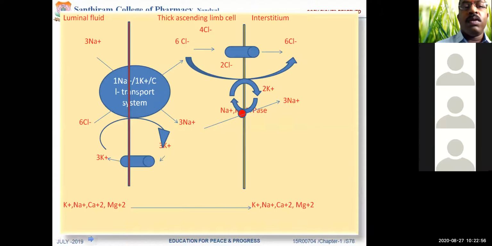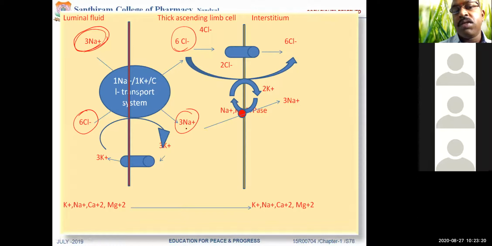Once the sodium ions are in the lumen, there is an active transport system known as the Na+ K+ Cl- transport system. What this transport system does is, for every 3 sodium ions, there are 6 chloride ions which are being absorbed. So 6 chloride ions are in and 3 Na+ ions are in.